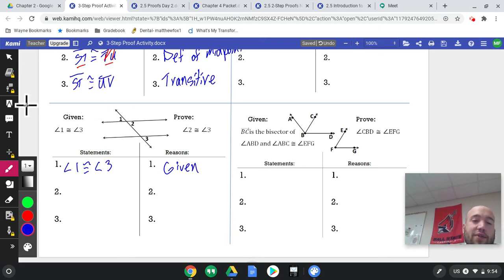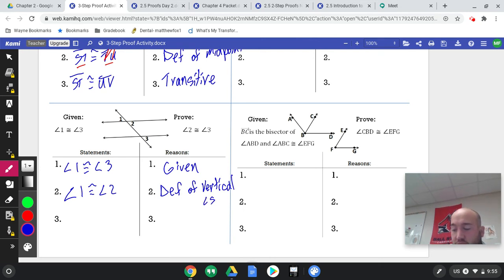Hopefully you remember that those are vertical angles, which means that angle 1 is going to be congruent to angle 2. That's our definition of vertical angles. And remember, anytime they're across the x like that, they are congruent or the same.